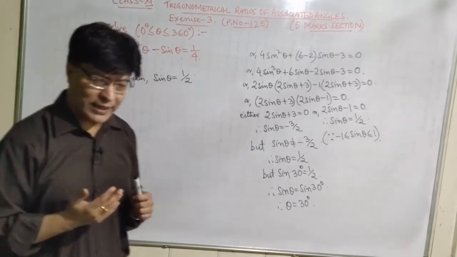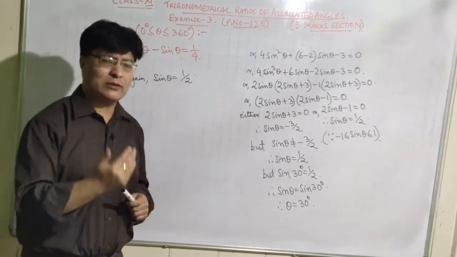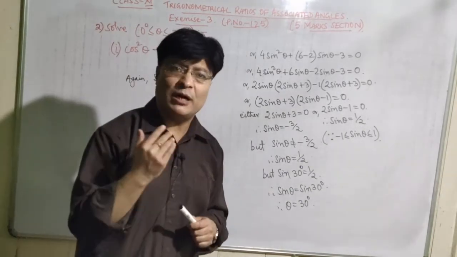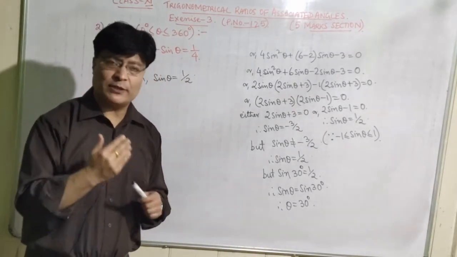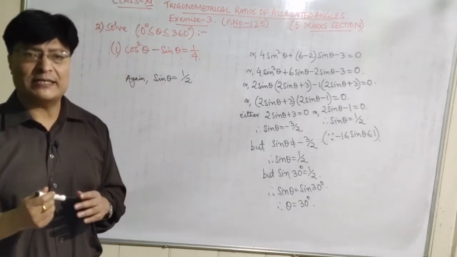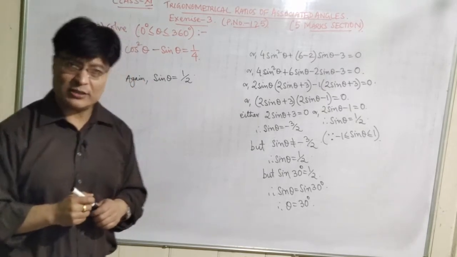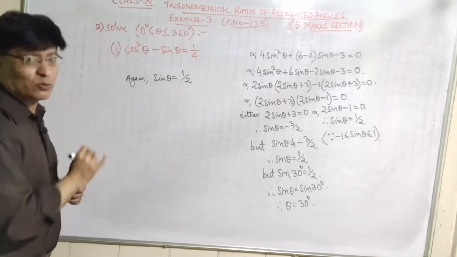I already told you that whenever you find the angle in the second, third or fourth quadrant, do it from the even multiple of 90. If you do it from the even multiple of 90, the trigonometrical ratio will not change. Sine theta is positive in the second quadrant also.